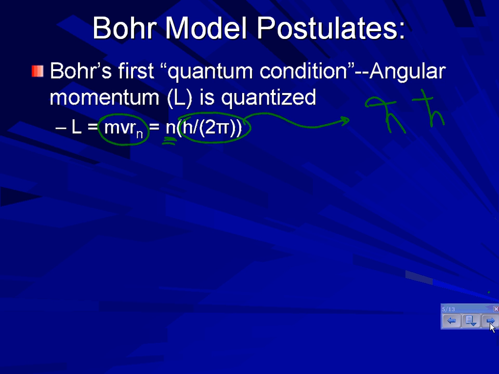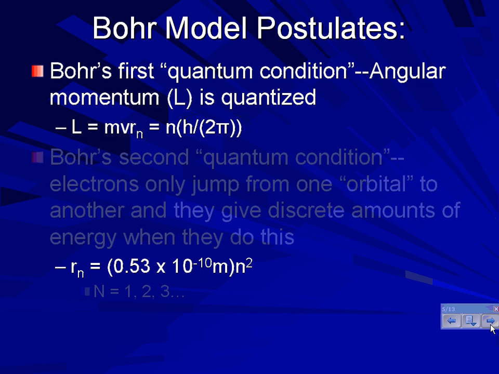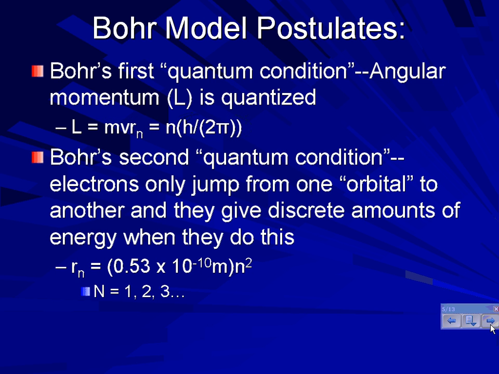Okay, his second quantum condition. Bohr's second quantum condition says that electrons can only exist at these specific orbitals. They will make quantum leaps from one orbital to the next, and in doing so, they will either absorb a photon that has exactly that energy, or they will release a photon that has exactly that energy, and that is why we see spectral lines.